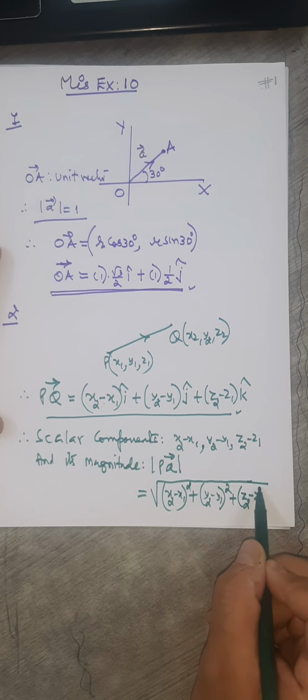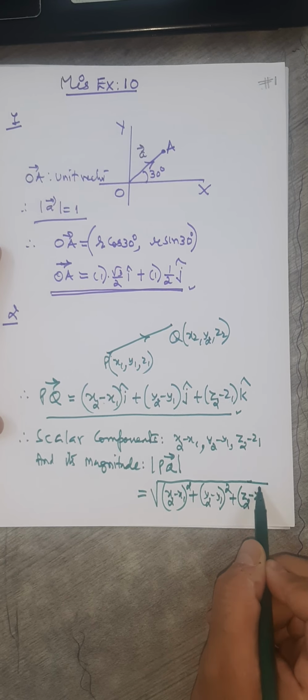Okay. So next question, question number 5. What does it say? Find the value of x here for which this is a unit vector. So you just need to take the magnitude equal to 1. That's the fifth question.